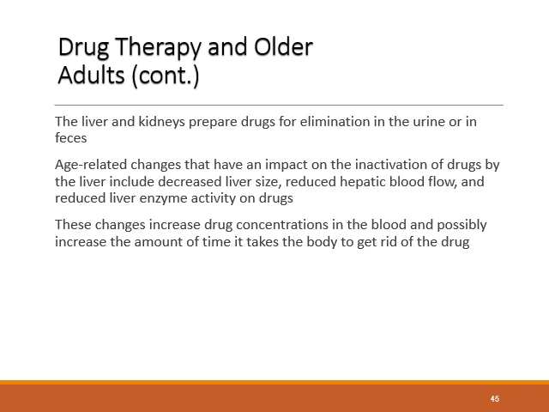Everything is filtered through the kidneys and through the liver. Now, if those filters aren't working well, they're going to slow down the elimination of the drug. So they might be over-medicated because the elimination is slower.